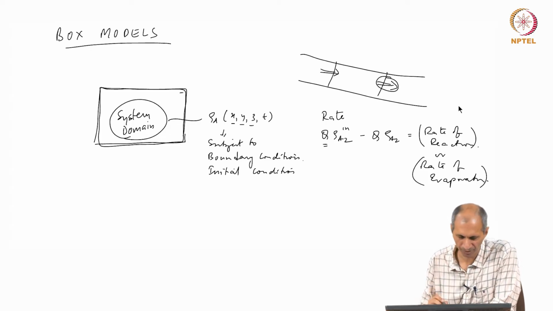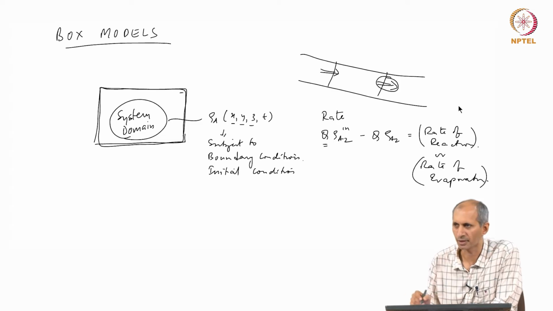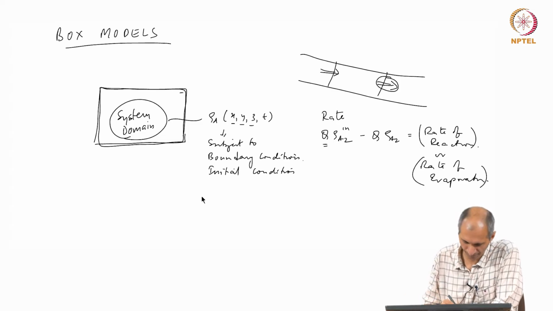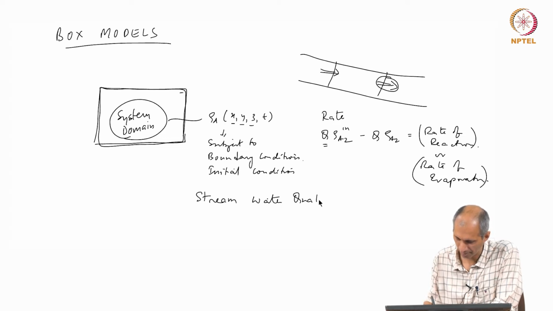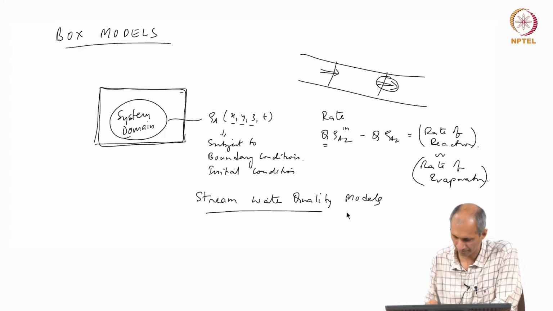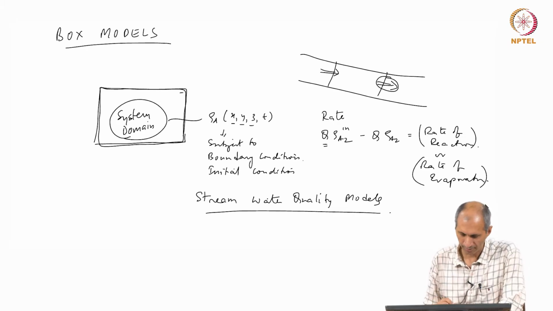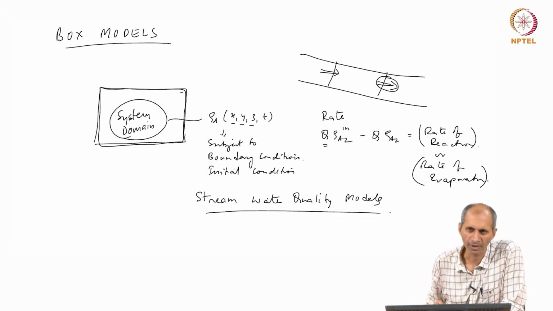This kind of box model is used for water quality. There is a set of models. If you go to the EPA website, there are stream water quality models. There are a number of water quality models that the US EPA has.